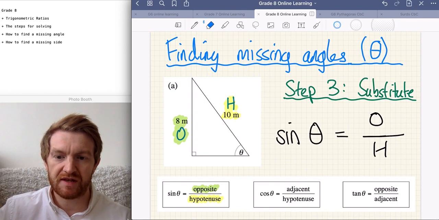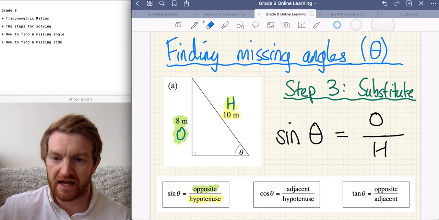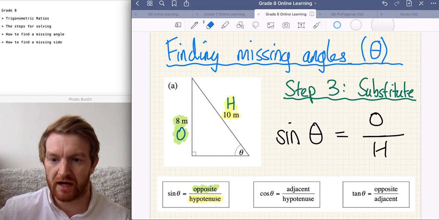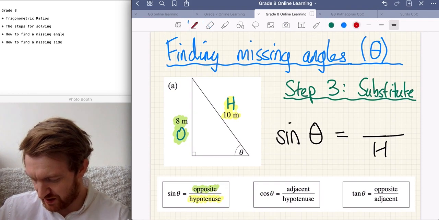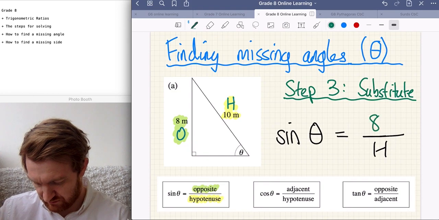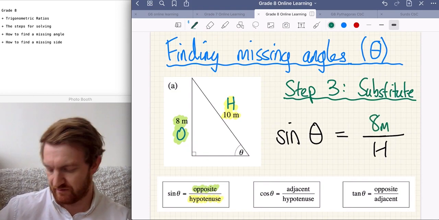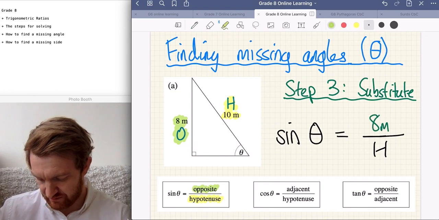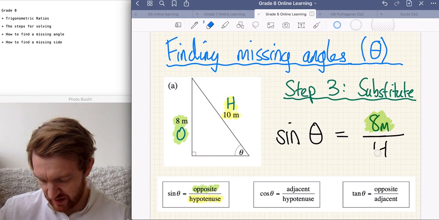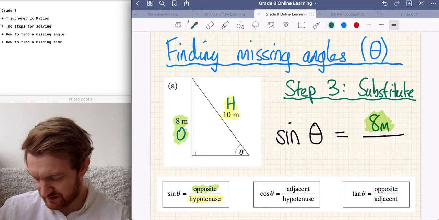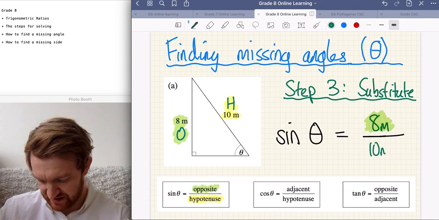We don't know what the angle is, so we're going to have to leave that as an unknown, that theta, that unknown angle. But we do know what the opposite is. The opposite O is 8 meters. That's the one we highlighted in green. We can also see that the hypotenuse, the longest side, is 10 meters.